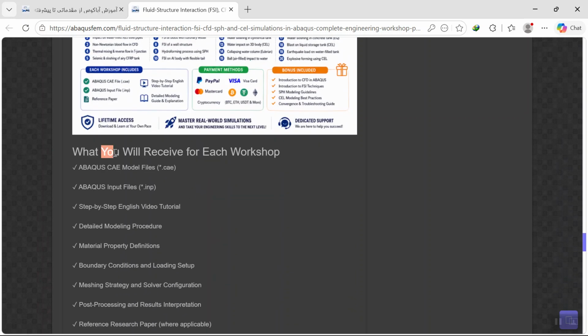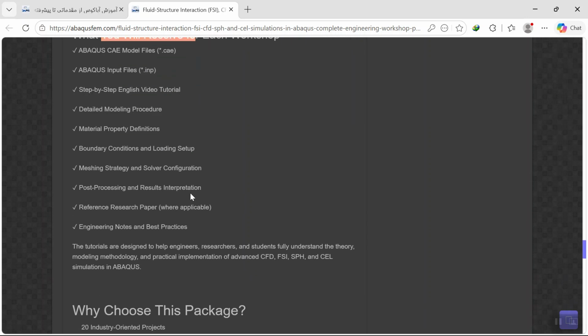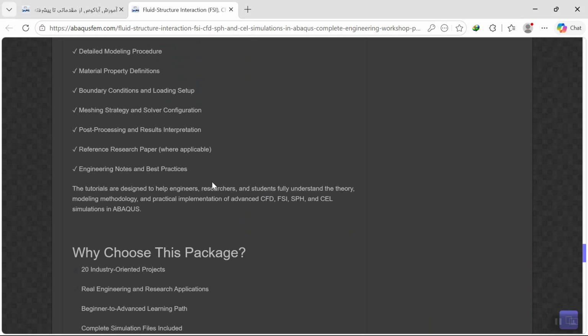And these are the things that you receive from the model. And at the end, you will develop a deeper understanding of modeling strategies, numerical techniques covering convergence consideration and engineering interpretation of simulation results.